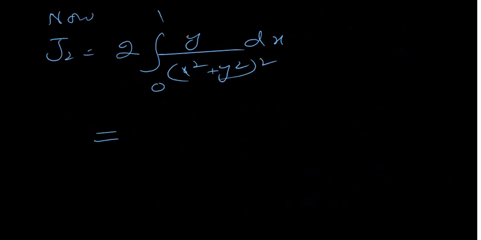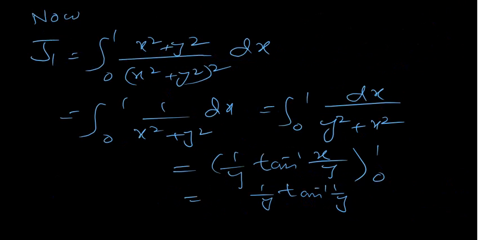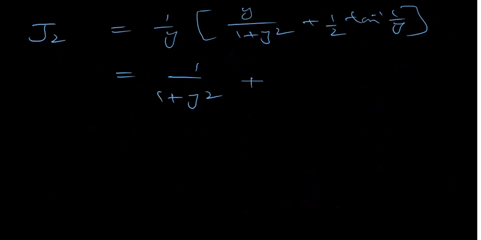Oh, sorry. So what's the J1? So this is 1 by 1/2 of 2y into tan inverse of 1 over y.